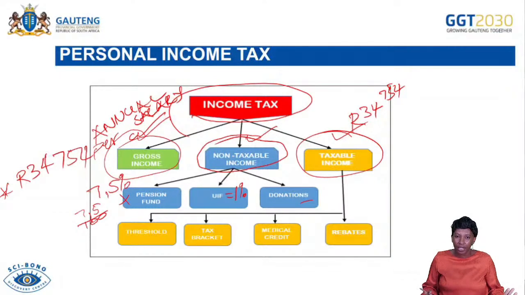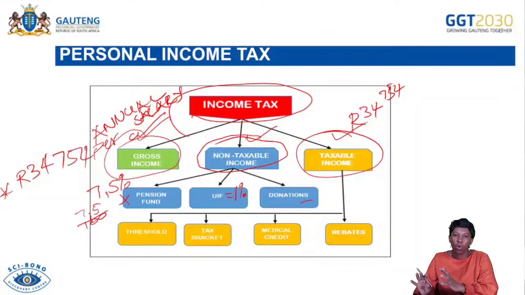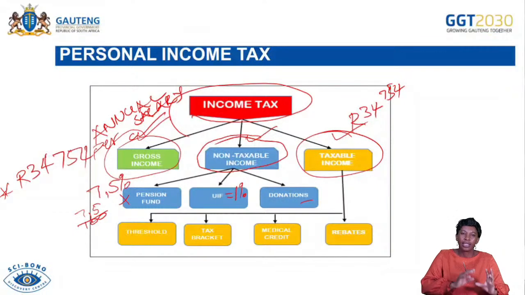So if they are not reflected on your salary slip, if I did not tell you that I am donating towards Ukukanya crash or towards Ukukanya home of the disabilities or wherever, where I make my donation to a certain NGO, if I did not indicate that I am contributing towards this NGO, you can't be saying I'm going to deduct the donations.